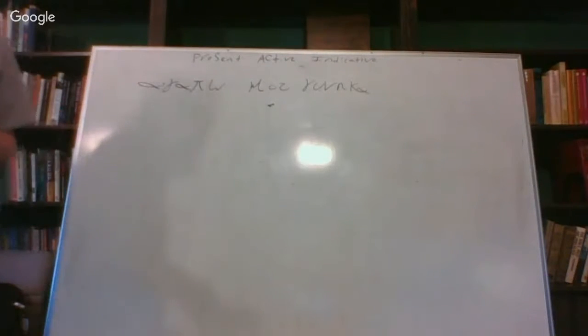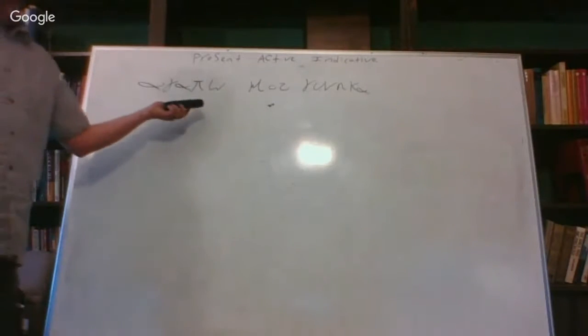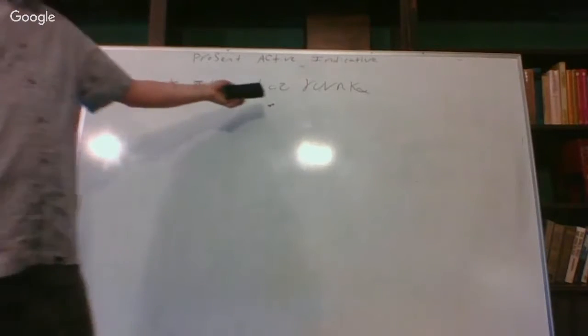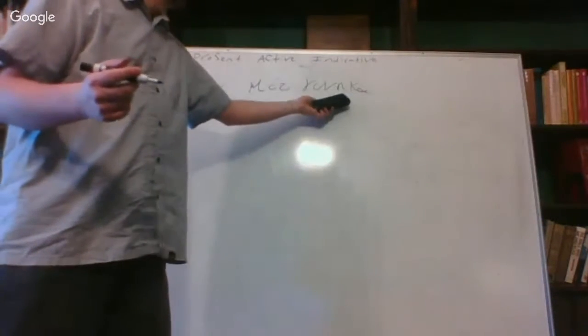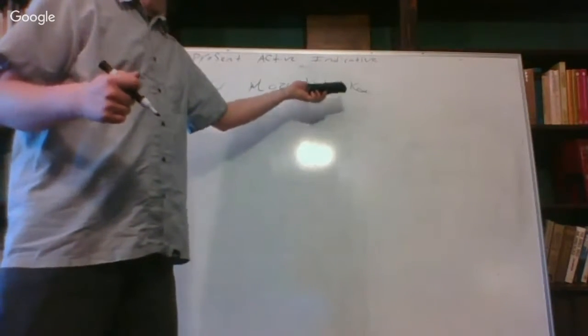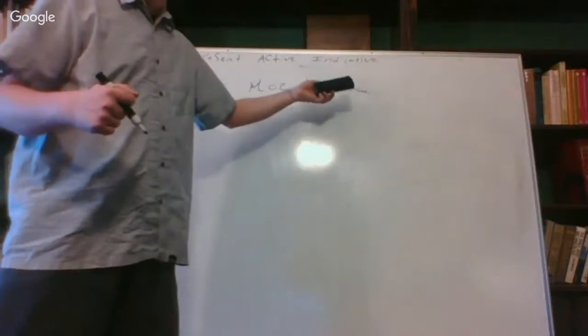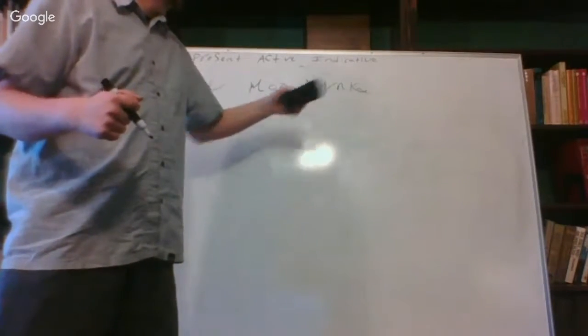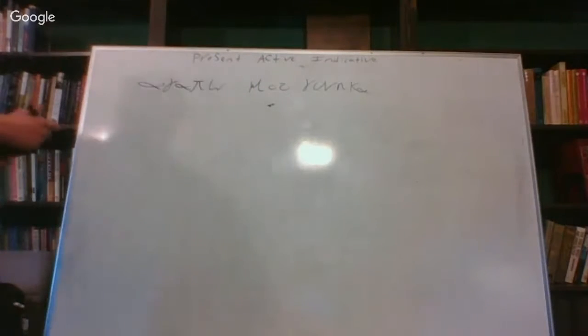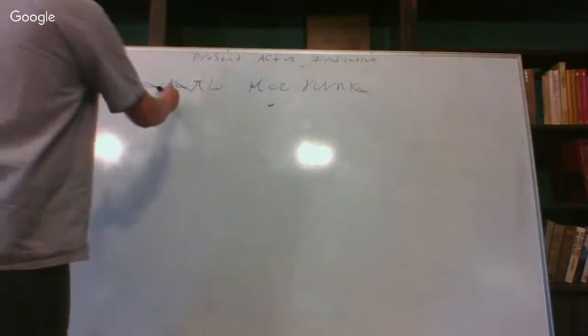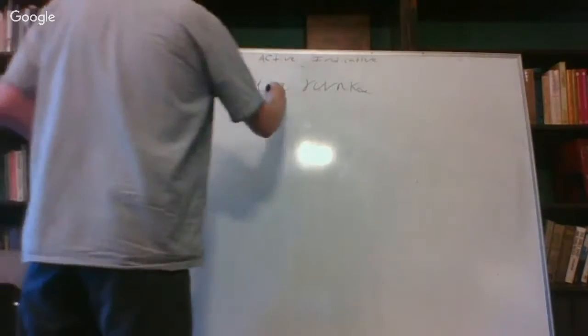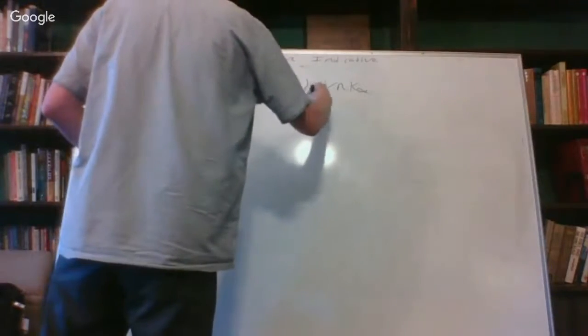Agapo is present active indicative, first person singular from agapao. Mou, as we've learned, is my. Gunaika is accusative singular feminine from gune, meaning wife. And so this is I love my wife.